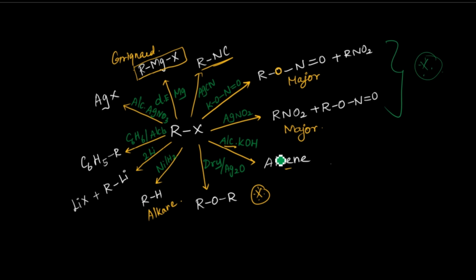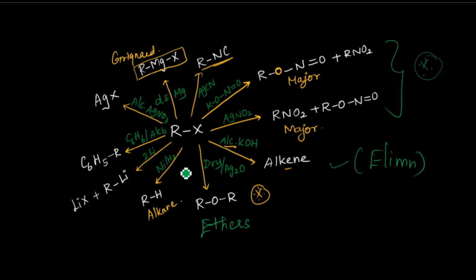Then as I told you, alcoholic KOH gives alkene because of the elimination reaction. Then dry Ag2O. There are two types of Ag2O that can be used, moist and dry. Here we are using dry to get ethers. We'll do this in ether preparation also.